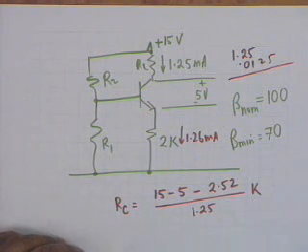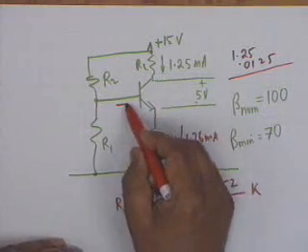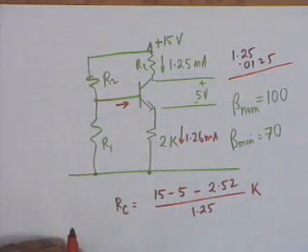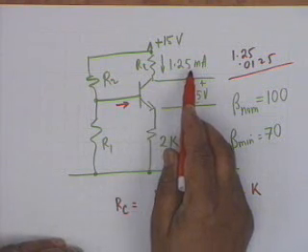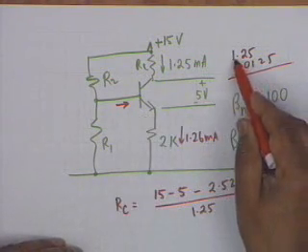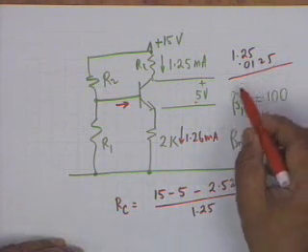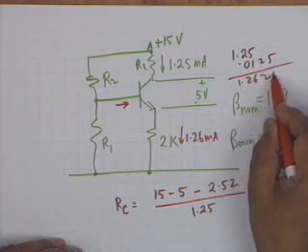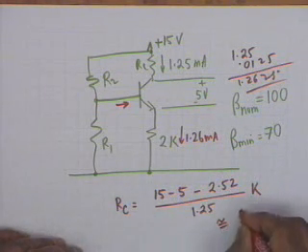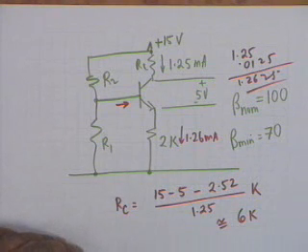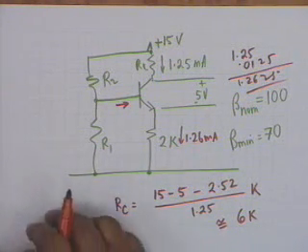Oh, this current is 1.25 plus the base current, and the base current is I sub C divided by 100. That's what I added here, 1.25 and 0.0125. Is that clear? This is 1.2625. I took it at 1.26. And you can see that this is approximately 6K. Alright. R sub C is known.